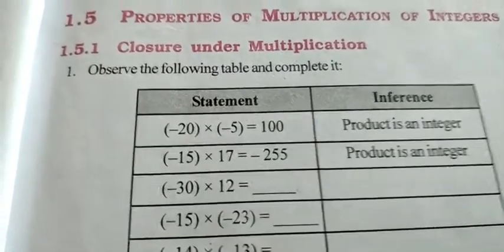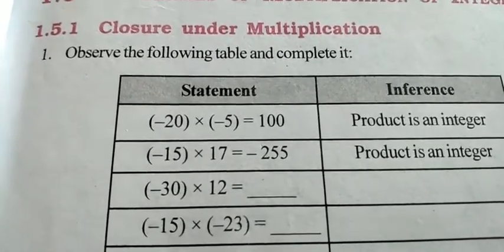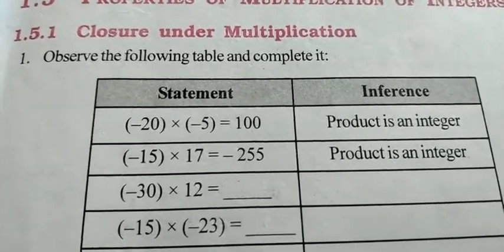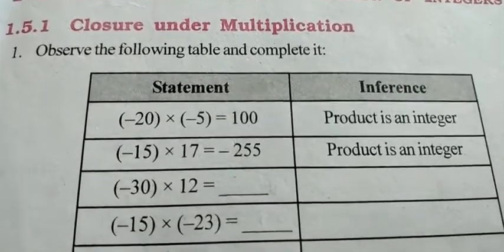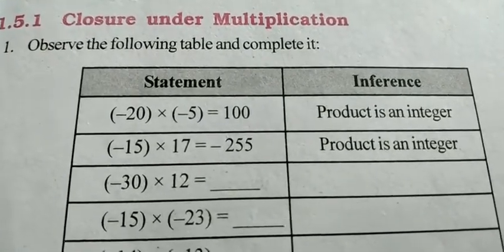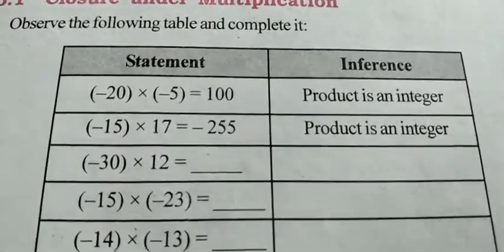Closure under multiplication. Integers are closed under multiplication. Why? As per the closure property, if two integers are multiplied, then you get an integer as an answer. The product is an integer always.